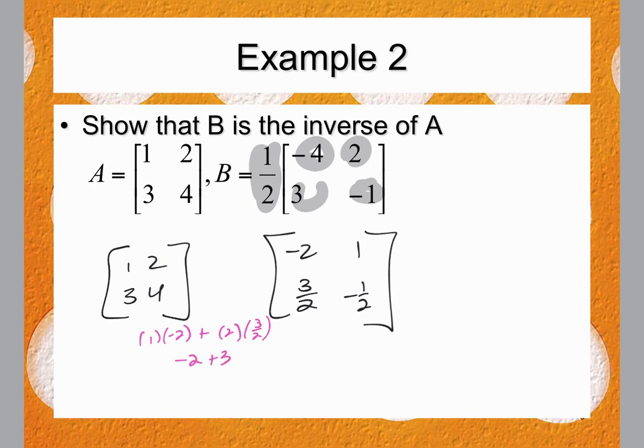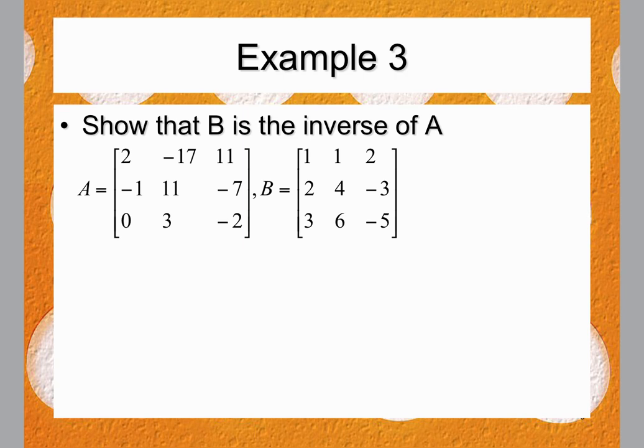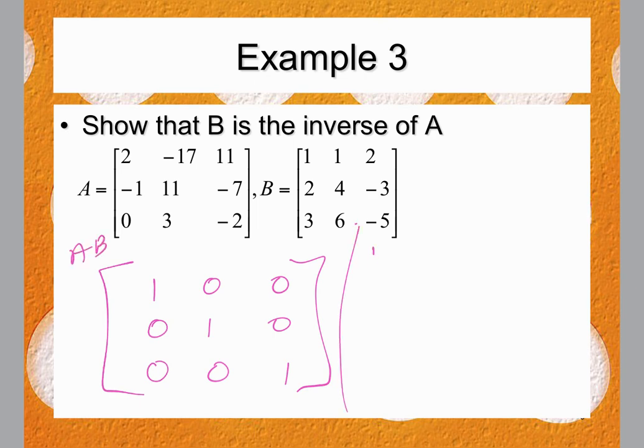Sorry. It's okay. All right, and again, I'm not going to go all the way through this one, but we're going to talk about how you would find it, right? Now it's a 3 by 3 and a 3 by 3. My result's going to be a 3 by 3. How is it going to show that it would be it? The pattern has to be 1, 0, 0, 0, 1, 0, 0, 0, 1 for both A times B and B times A, okay?